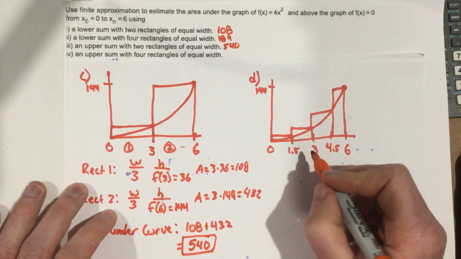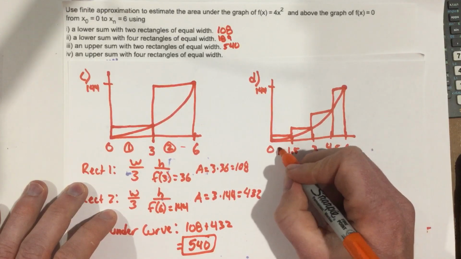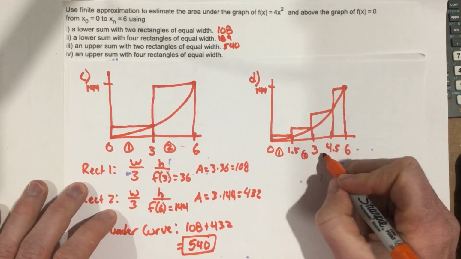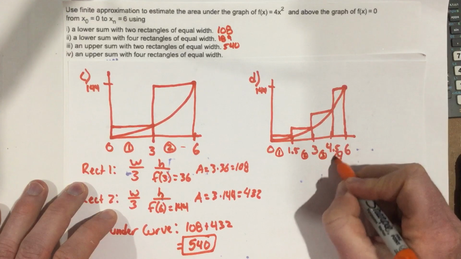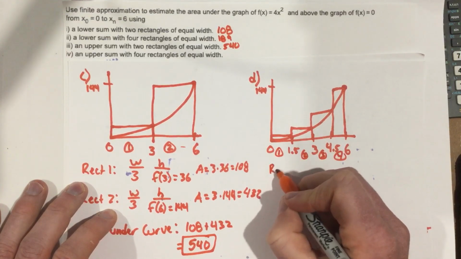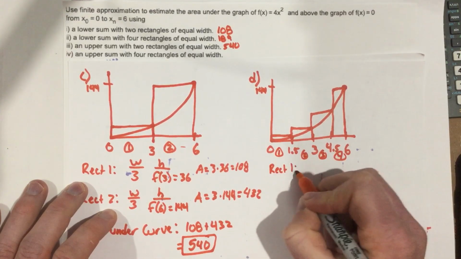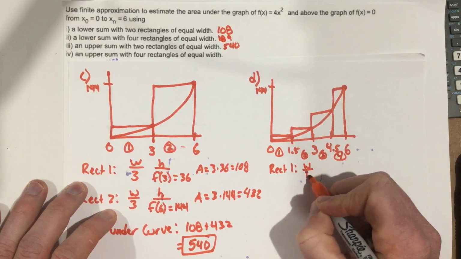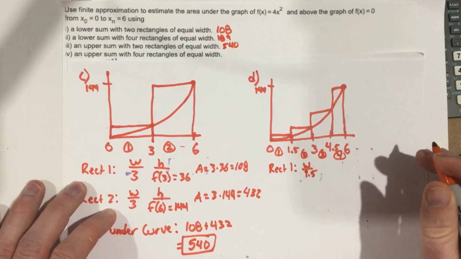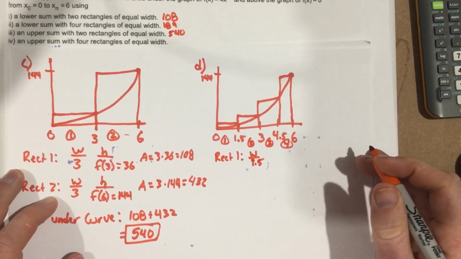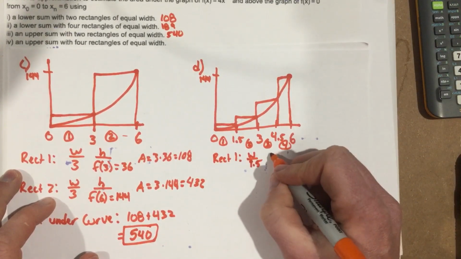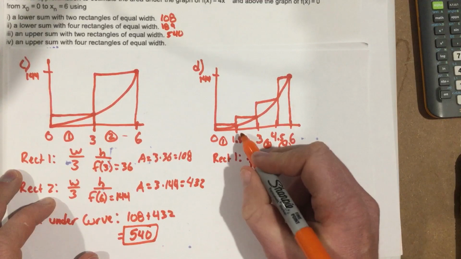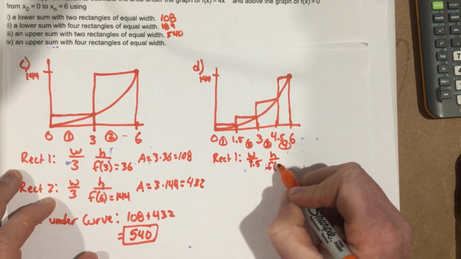So let's see. We're going to label this 1, 2, 3, and 4. So rect 1 has a width of 1.5, and a height of f of 1.5.